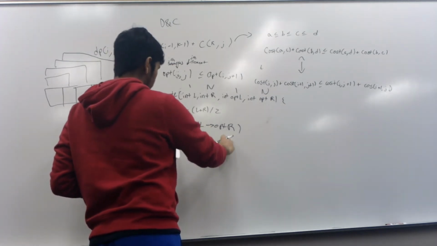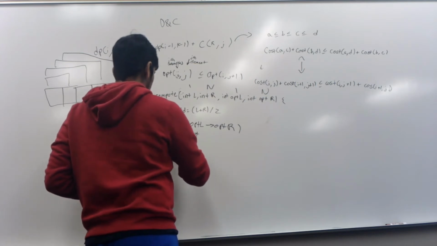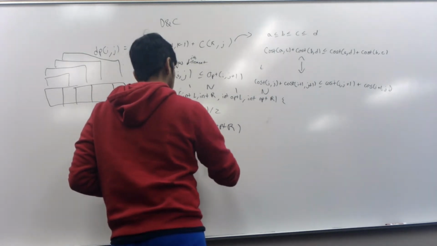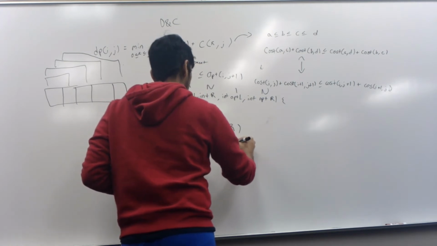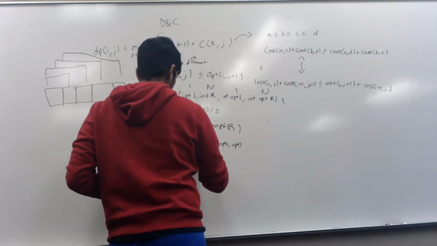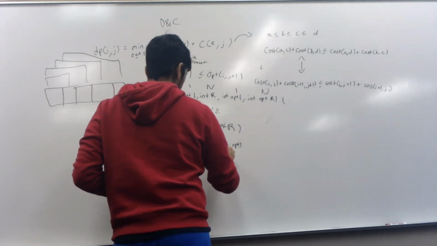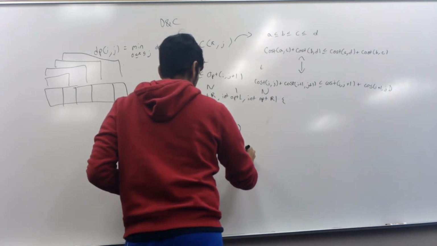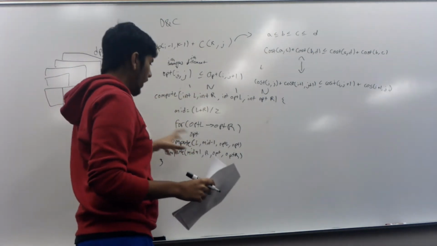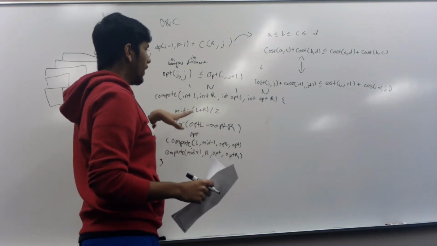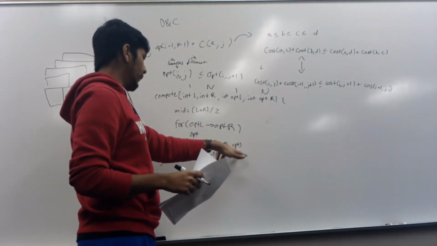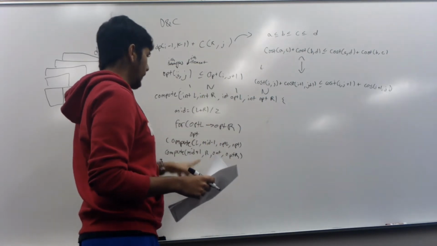We loop from opt L to opt R, and then we can recurse from L to mid minus 1 with opt L to opt, and then compute from mid plus 1 to R with opt and opt R. The idea behind this is we find our mid for this current subarray, and for the left half, if we know our optimal transition, because it's monotonic, we know that anything to the left of it cannot have an optimal transition bigger than opt right here, and it's the reverse for the right half, right?